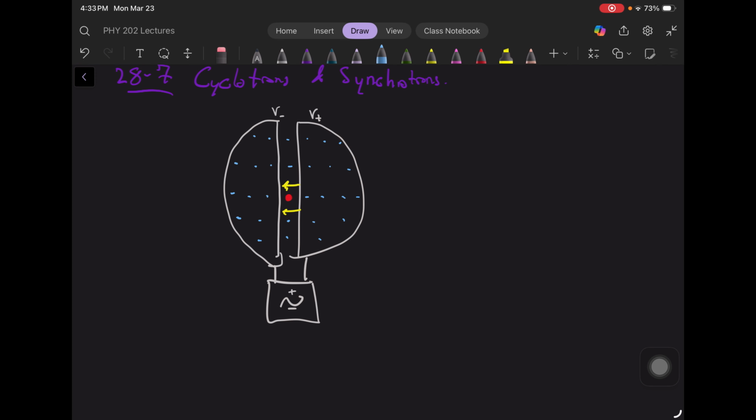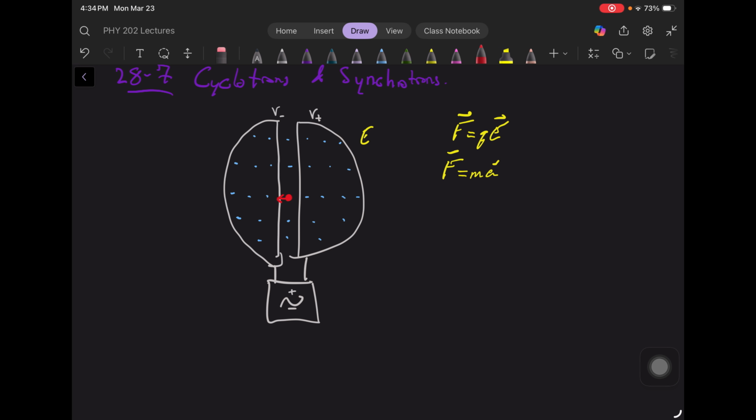All right, and so if this is our electric field going this way, right, charged particle and electric field, we get F equals QE. It experiences a force. If it experiences a force, it experiences an acceleration. All right, and so this charged particle is going to start moving, right? And so let's say it starts heading this way.